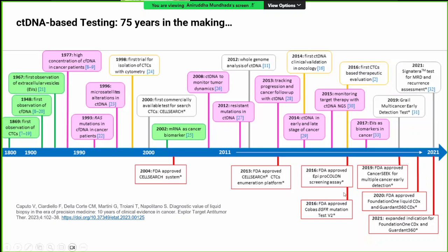And that was a major drawback for this test. But later on, every year, FDA has approved one or two tests for one of the cancers. The major ones right now are FoundationOne and Guardant360, which target liquid biopsy for multiple cancers.